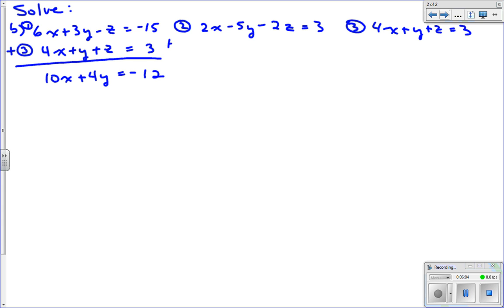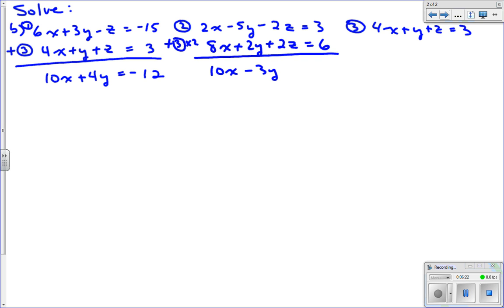So equation 3 times 2 gives me 8x plus 2y plus 2z equals 6. So now when I add these two together, I have 10x minus 3y equals 9. So in a way, I have equation 4 and 5 now, and they're both in x and y.